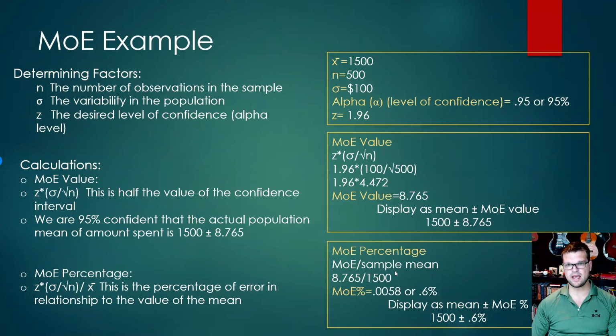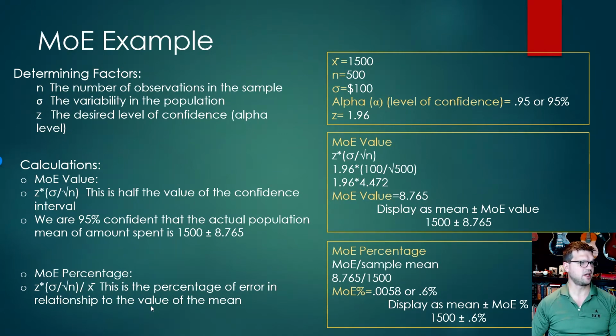So we take the margin of error and divide it by the sample mean. 8.765 divided by 1500 tells us roughly 0.6%, or 0.0058. So the margin of error is 1500 plus or minus 0.6%.